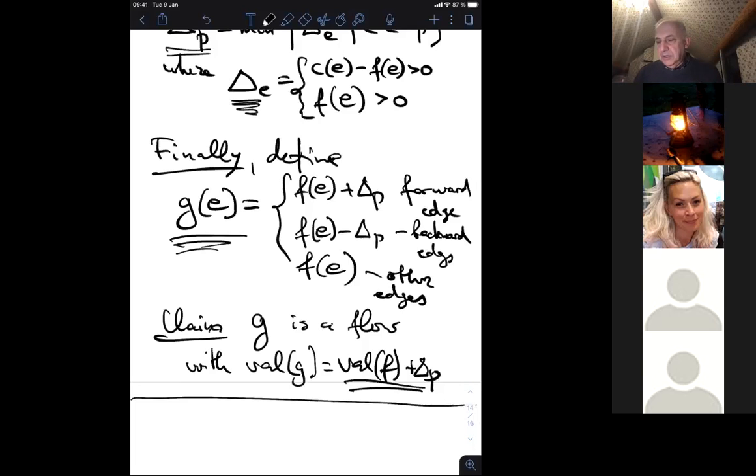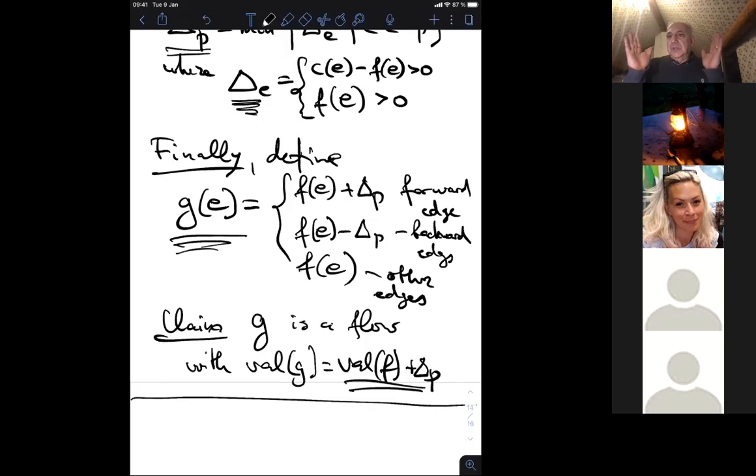And actually, this can be made into an algorithm. It is mentioned in your book, I think it even mentions two different algorithms. So one can construct a maximal flow in steps, so to say.